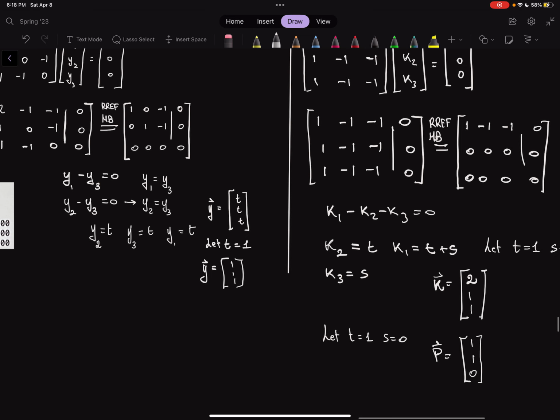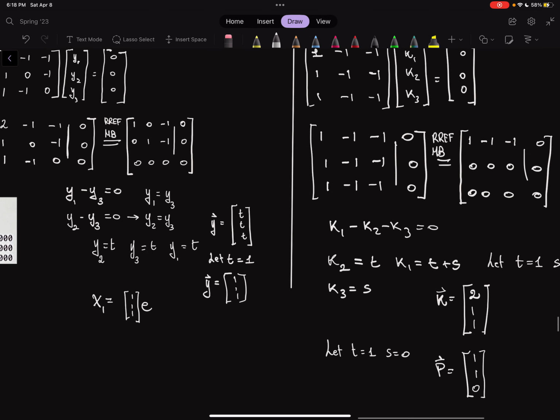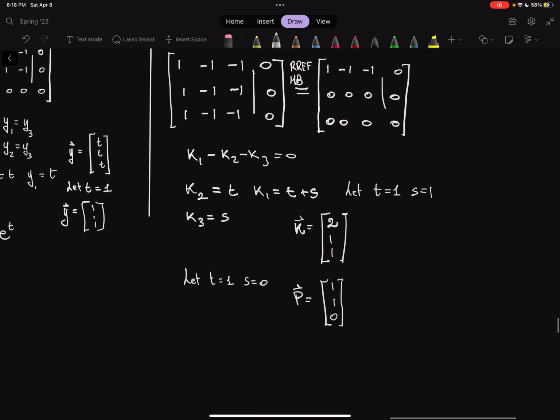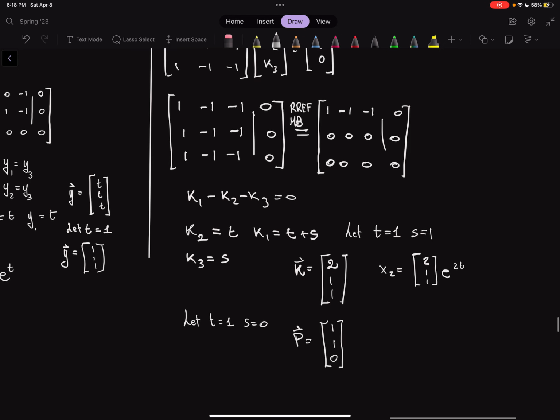So then we can say that the general solution for this is going to be x. Well, because for each vector, we can find a particular solution. In this case, it would be 1, 1, 1, e to the, what lambda was this for, lambda equal 1, so e to the 1 times t. And now for here, we'd have x2 is equal to 2, 1, 1, and this was for lambda equals 2, so e to the 2t.